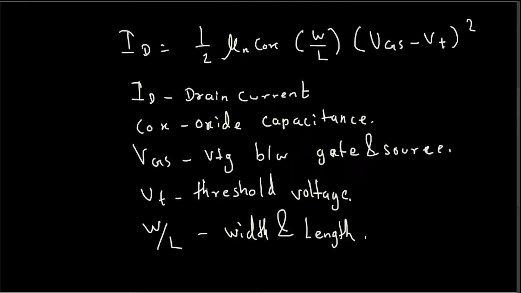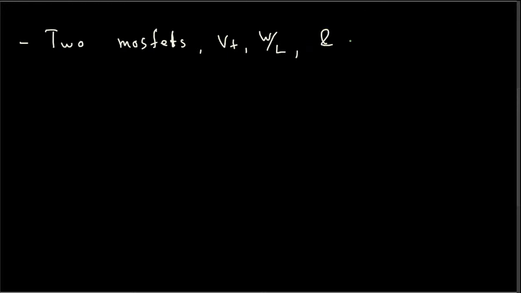So let's see what happens if we use two different MOSFETs. The V threshold and the W over L ratio, and also the oxide capacitance COX will be different for two MOSFETs.